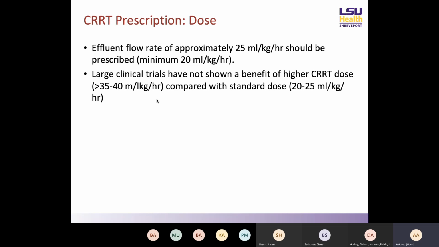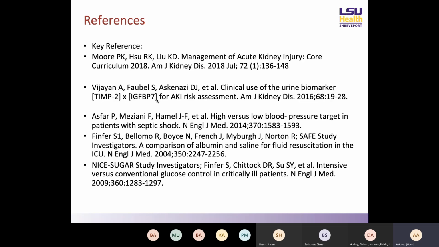When they did big trials looking at the prescription, higher dose CRRT showed no mortality benefit compared to lower rates. So that's why this 20 to 25 milliliters per kilogram per hour is the standard prescription rate.